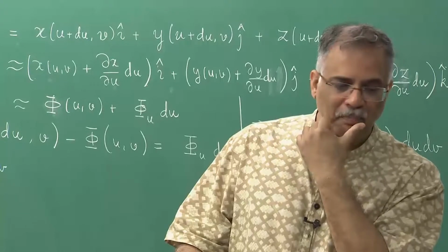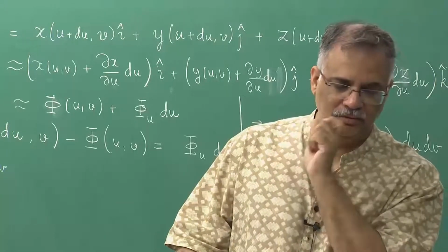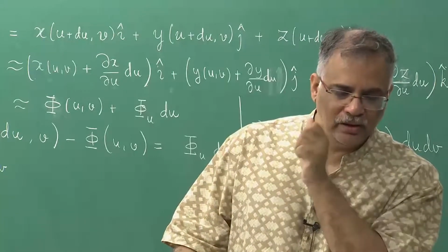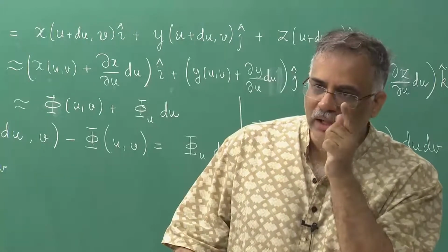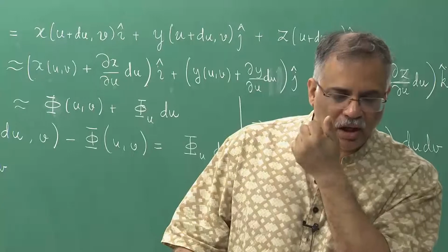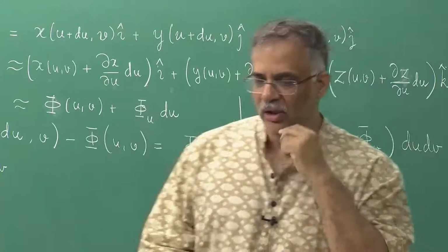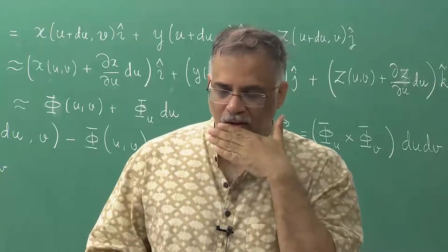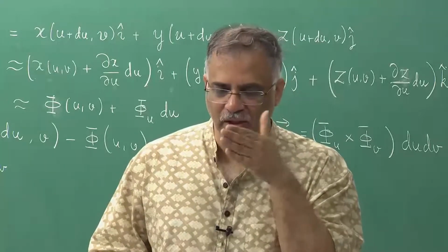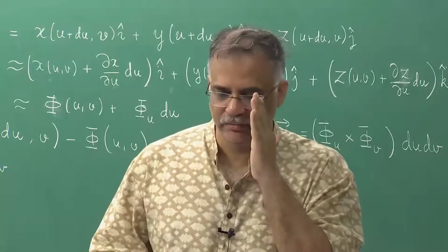When I parameterize it, the parameters will be r, theta and z. Given r and theta, there will be a particular z.